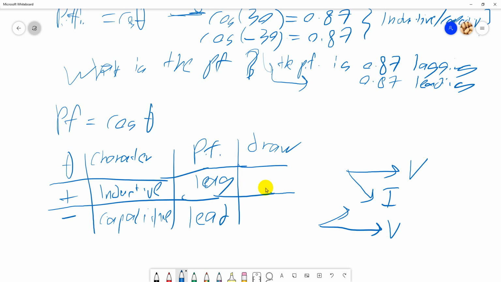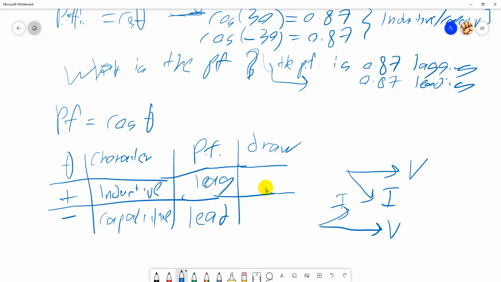The reference is the voltage, and the leading and lagging is the current.